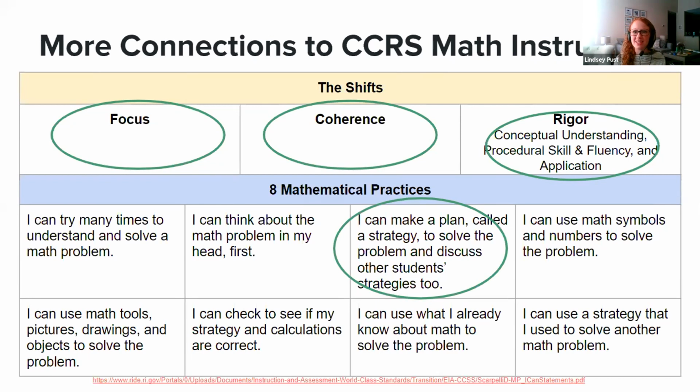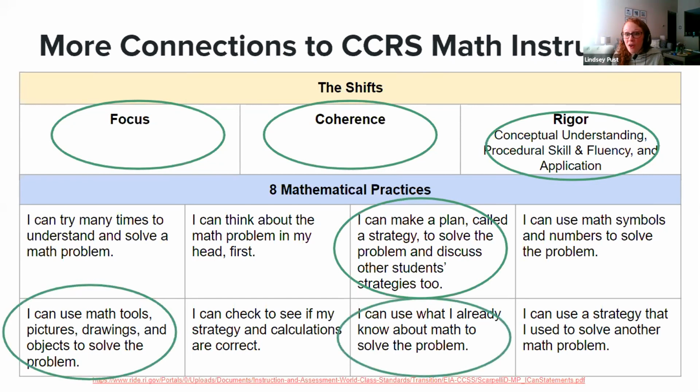That's coherence. Bringing in an application problem, or giving them a chance to demonstrate conceptual understanding. And then these math practices, being able to make a plan and solve, and then be able to talk about their strategies, or using math tools and drawings, using what they already know about math to solve problems as a formative assessment.